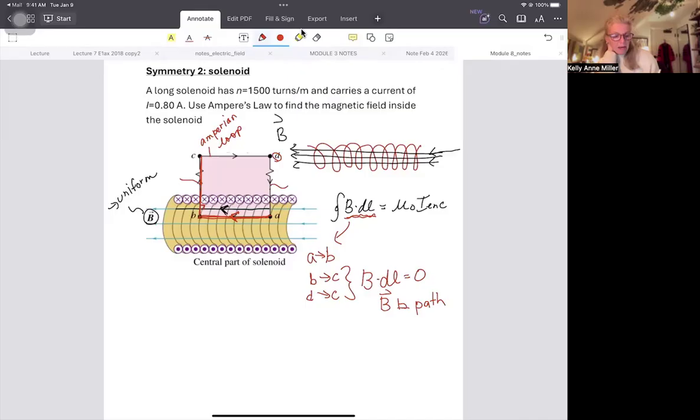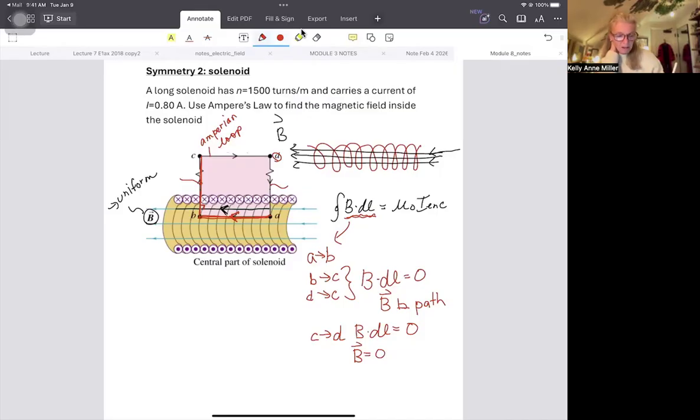Okay, so the path from C to D is also 0, because the dot product along that path is equal to 0, because the B field out there equals 0.